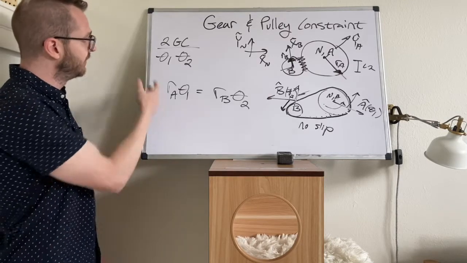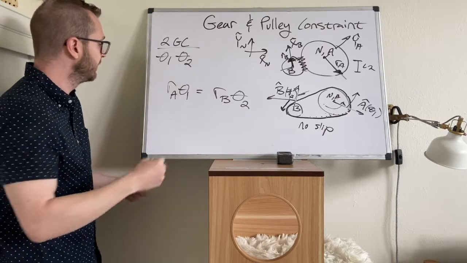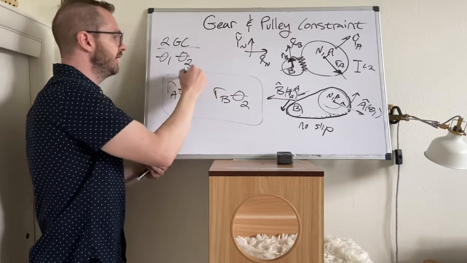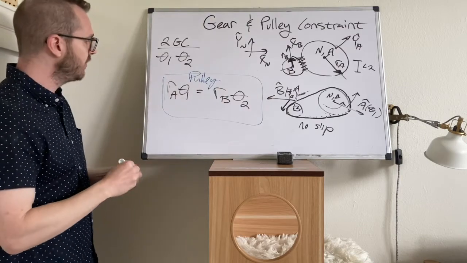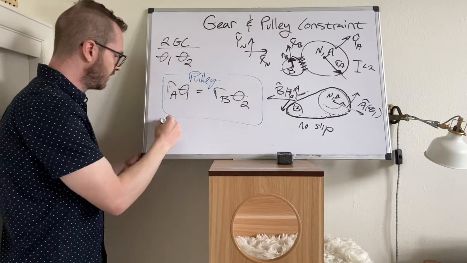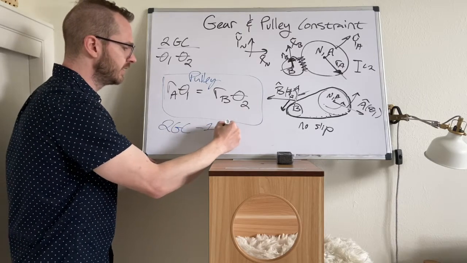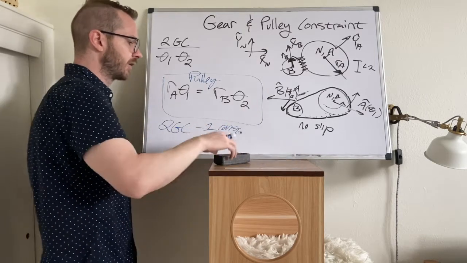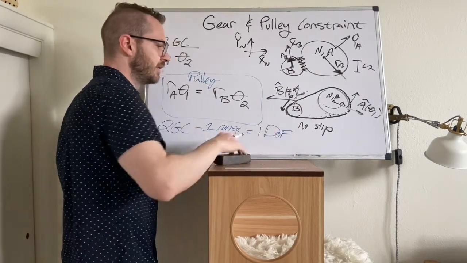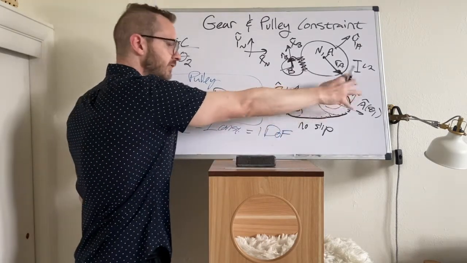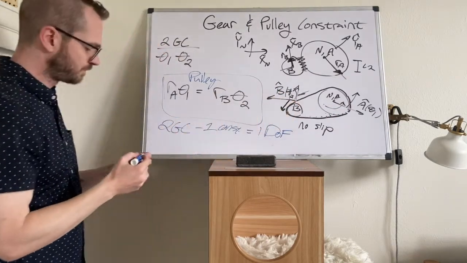Okay, so two generalized coordinates, one constraint. This is the constraint. Here's your belt and pulley constraint. So now, two generalized coordinates minus the one constraint, and we're going to be left with 1 degree of freedom, which of course makes sense intuitively. If we turn this one, we're going to make this one spin.